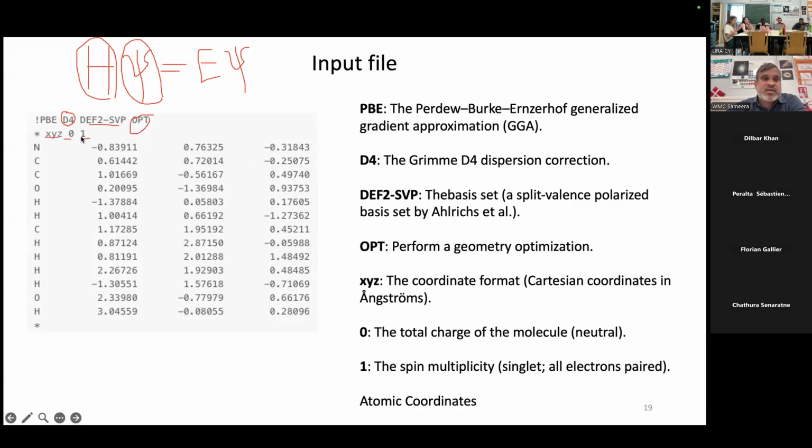In this case, spin multiplicity is 1, which is a closed shell system. I mean, all electrons are paired in this case. And this symbol is important to initiate the coordinates, and then we can put that symbol over here to tell the program, okay, this is the end of the file. So this is about the input file.